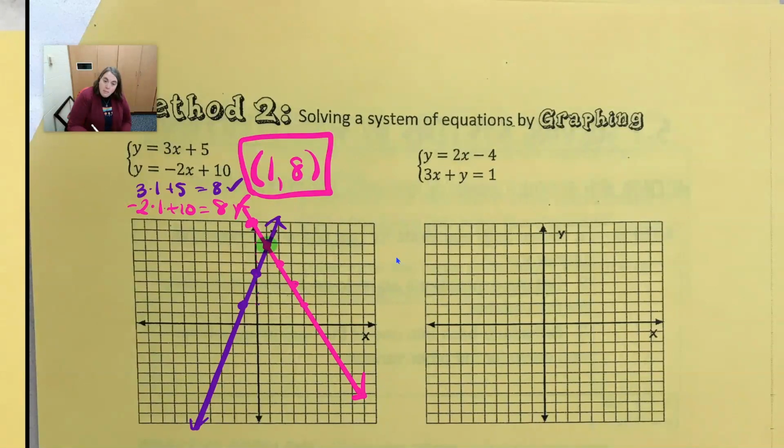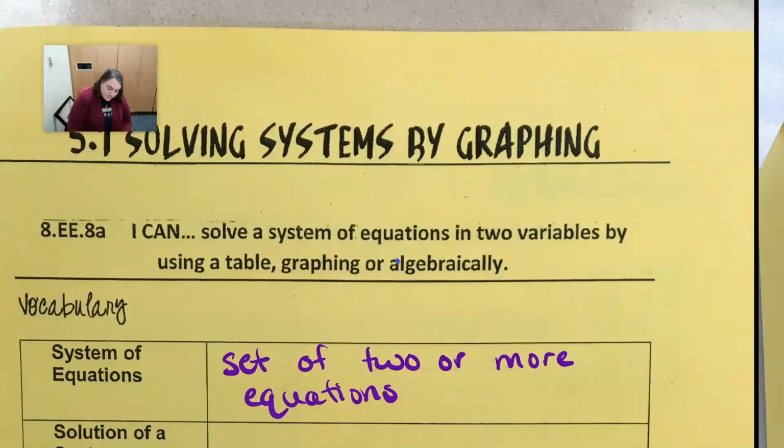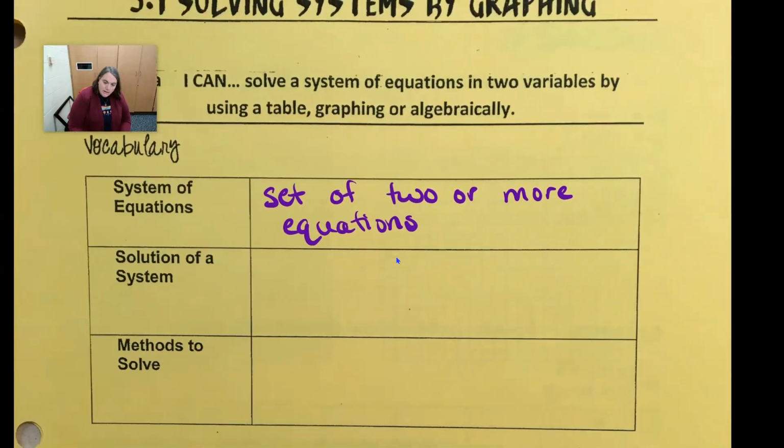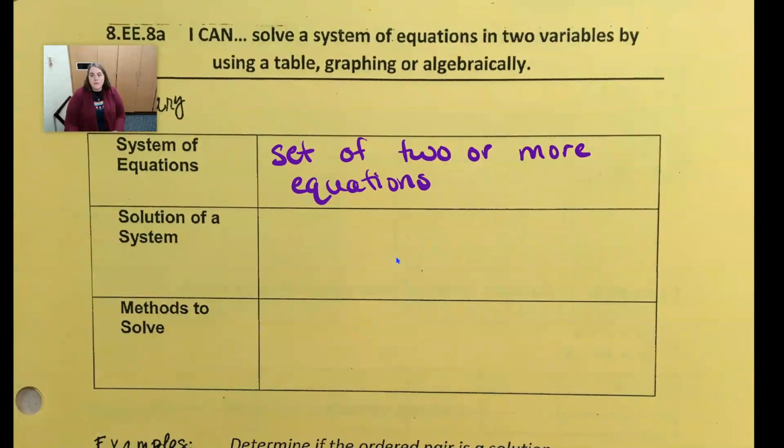Okay, so let's go back to that first page and let's talk about what is the solution of a system. Okay, the solution of a system is the point that makes both equations true.